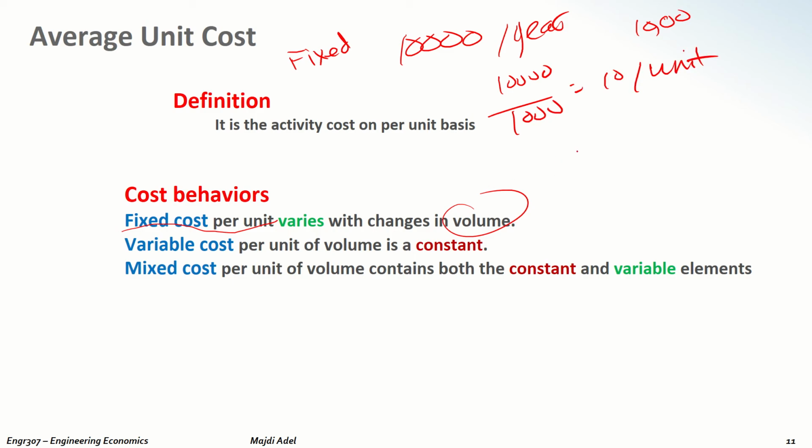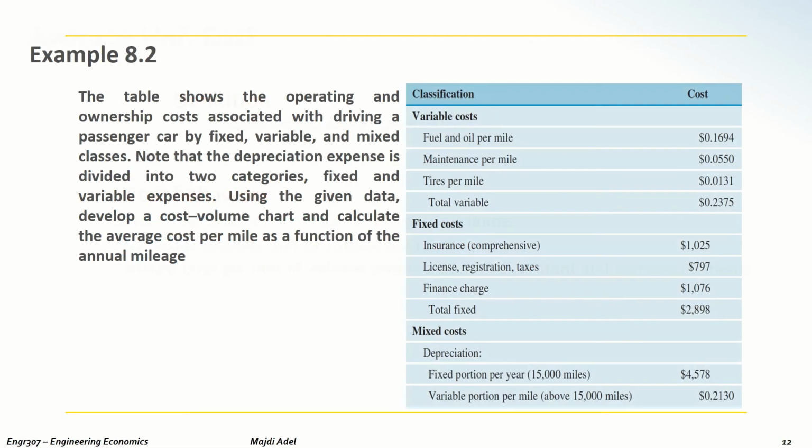If I'm producing, let's say, 10,000 units, the rent per unit is 10,000 divided by 10,000, which is 1 riyal per unit. The more I produce, the more the rent per unit decreases. This is why the fixed cost per unit varies with the change in volume index.